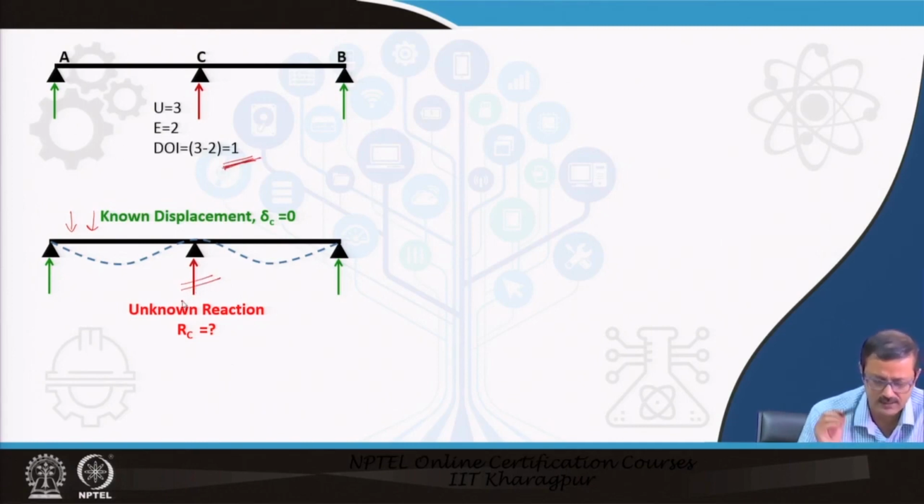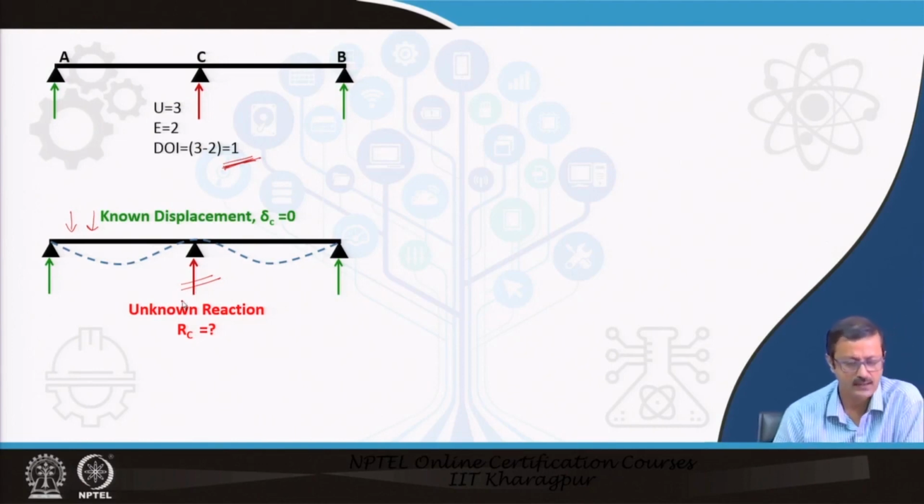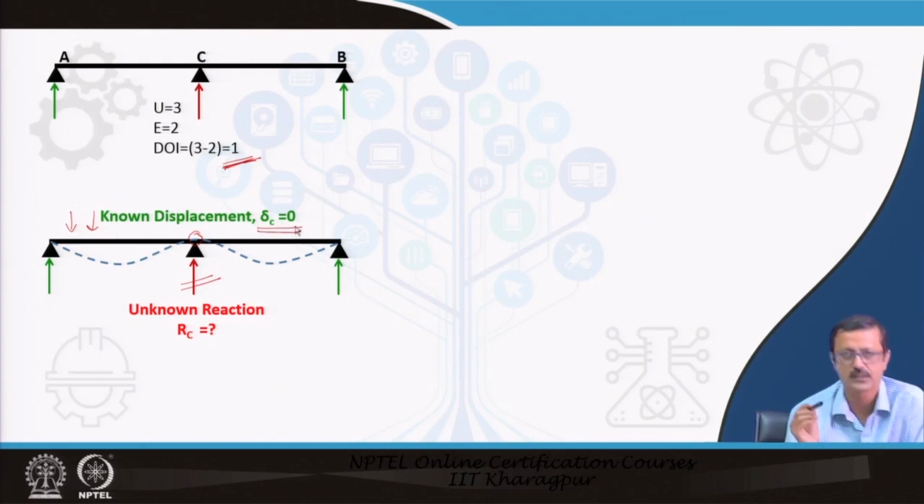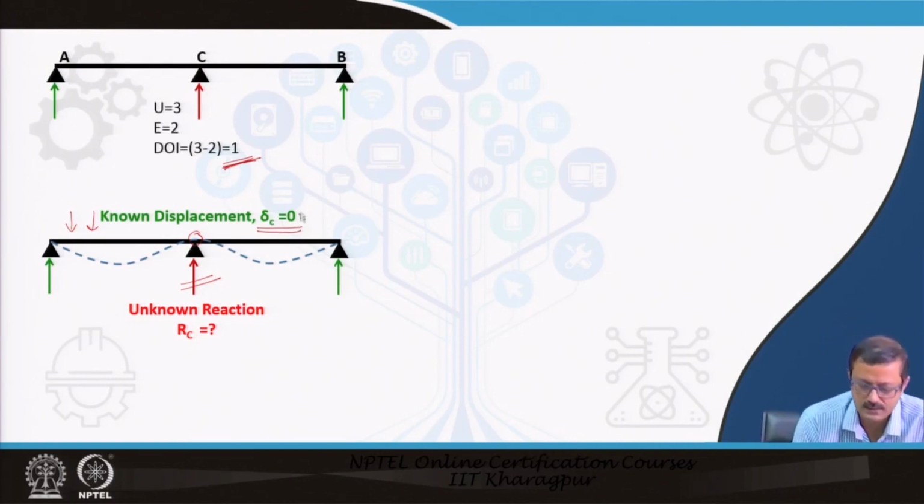So, I assume RC, the central one, is the unknown reaction, and I know that at this particular place the known displacement is equal to 0. So, displacement is equal to 0, that I know, and the unknown reaction RC I can find from this particular condition, and that will give me an extra equation.